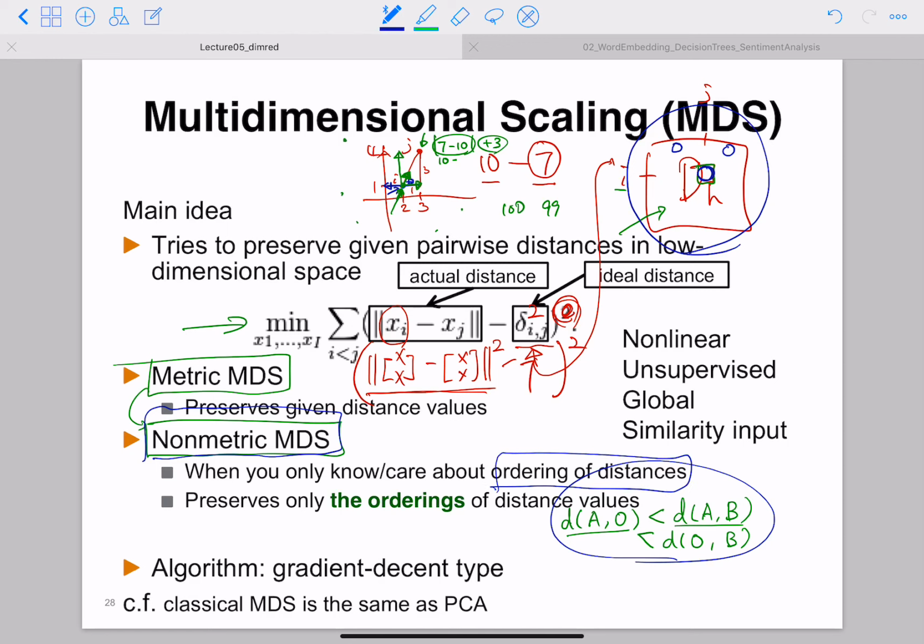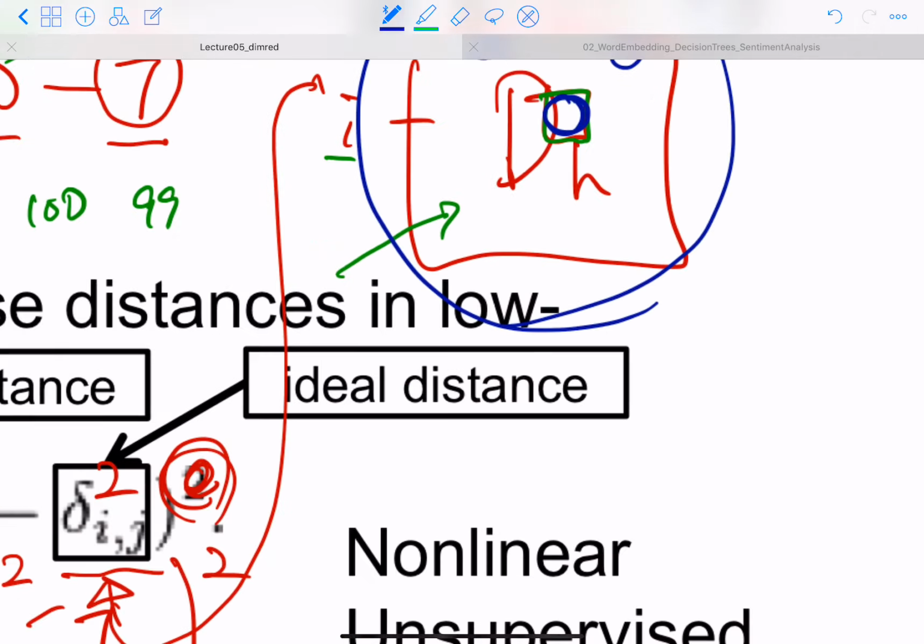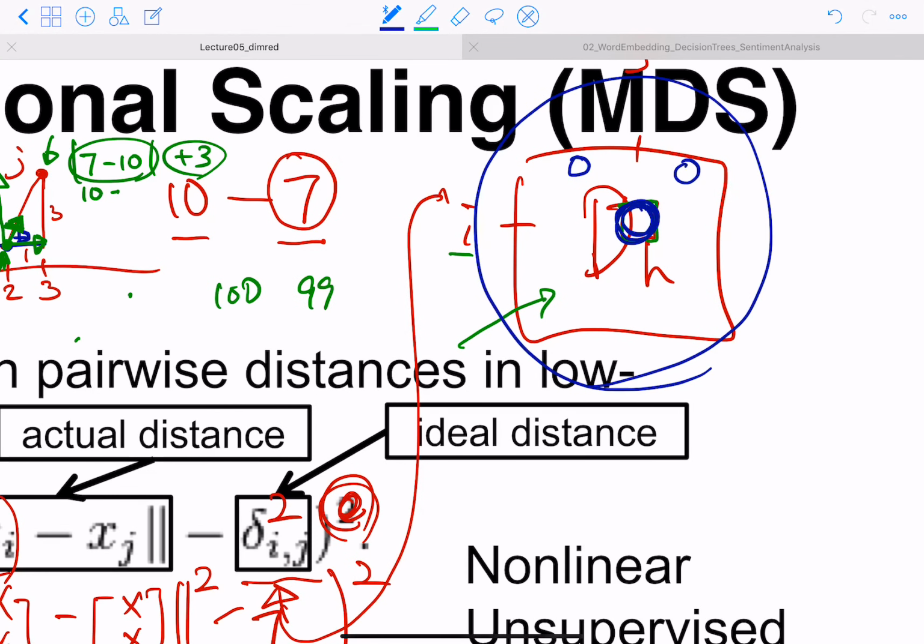So in this case it is called non-metric MDS, and we only care about the ordering of the distances, okay? We will not discuss the full details of the algorithm for non-metric MDS, but at a high level, we know this one is smaller than this one, but compared to this one, it is larger than that one.